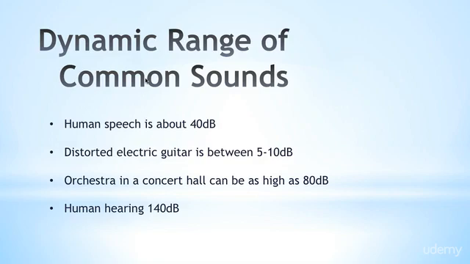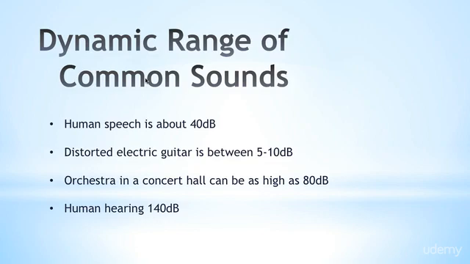That conversation would be about 40 decibels of dynamic range, from the quietest hello to the loudest shriek of "get away from me." A distorted electric guitar is between 5 and 10 decibels. So when the guitar player dials that in, that's not going to be the loud and the quiet.